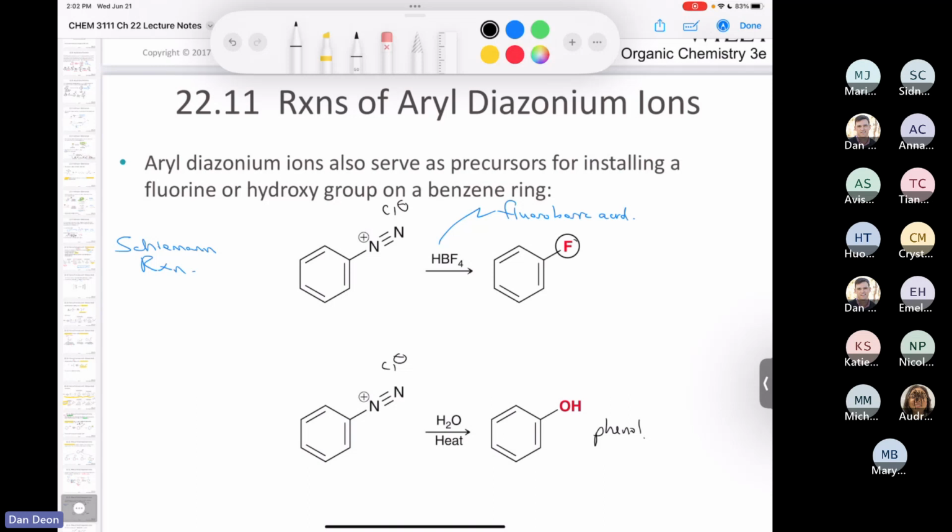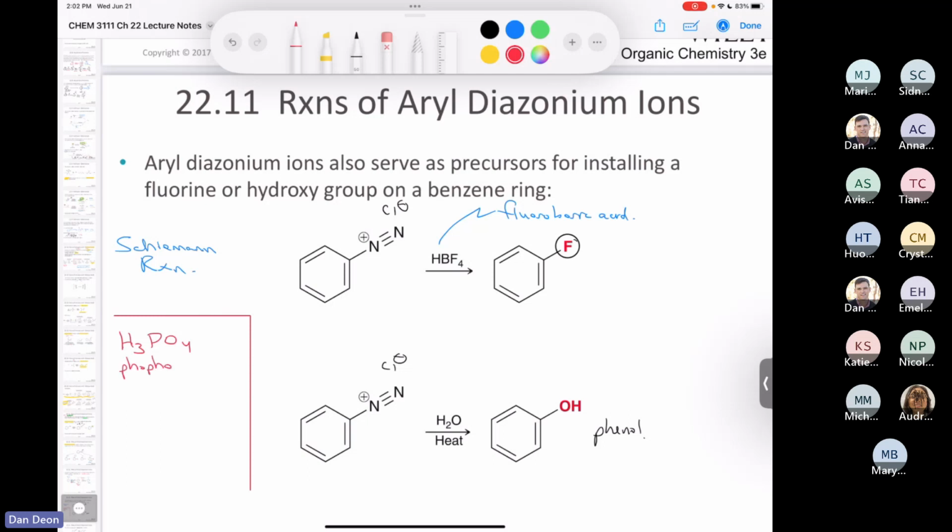So I just want to practice a little nomenclature with you for a sec before we go to the next slide. If I was to write down this acid here, H3PO4, does anybody remember what the name of this acid is? Yeah, thanks, Audrey. It's phosphoric acid.